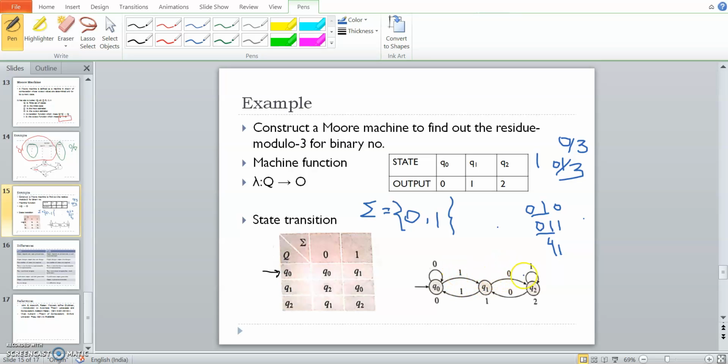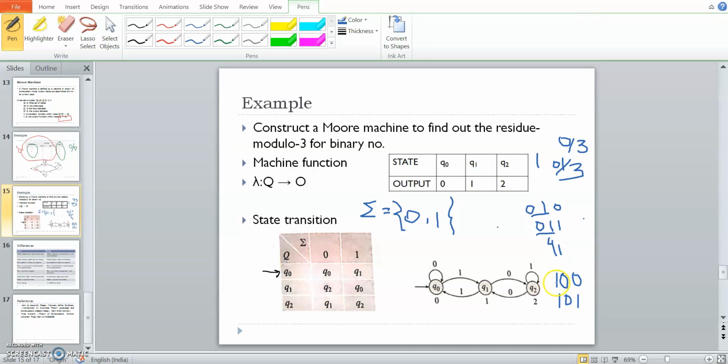Now after 1 0 you may read 0, you may read 1, right? So 1 0, after reading 1 0, you are in the state which one? Q2. So in Q2 you may read 0 or you may read 1.